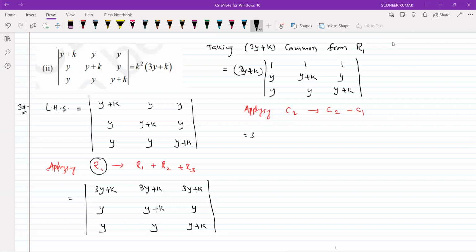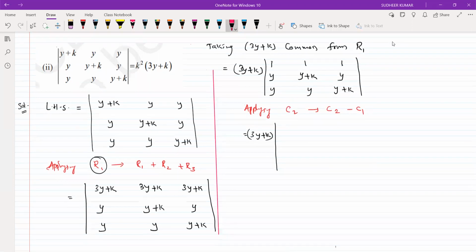So the result is 3y plus k times the determinant. C1 remains the same: 1, y, y. C2 minus C1: this is 0, 0, and y plus k minus y is k. So 0, k. Yes, this is k and this is 0.